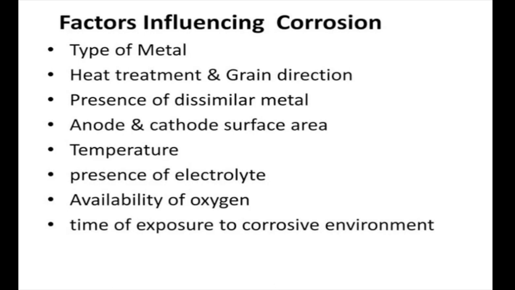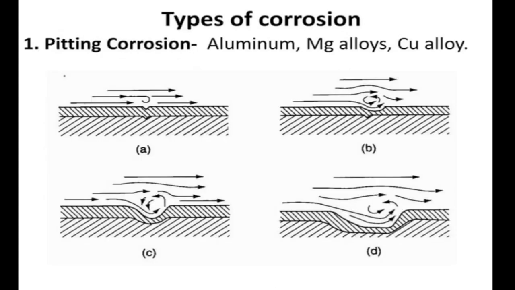For example, type of metal, heat treatment and grain direction, presence of dissimilar metal, anode and cathode surface area, temperature, presence of electrolyte, availability of oxygen, and time of exposure to the corrosive environment. These are the very basic influencing factors for corrosion.